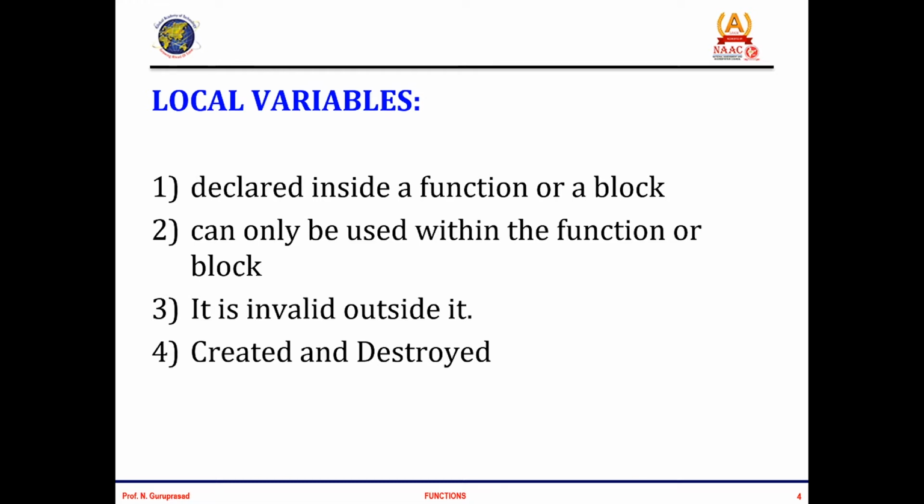We can use these local variables only in the block or the function in which it is declared and it is actually invalid outside it. Local variables are created when the control reaches the block or function containing the local variables and then they get destroyed after that. Now let us try to understand this concept of local variables with the help of an example.